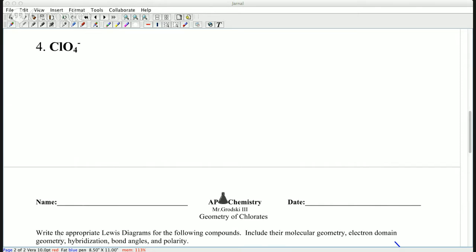So we're going to start with ClO-1, and we're going to write the Lewis dot diagrams, and we're going to put to use all the things you've learned up to this point. Hopefully, it's going to make some sense for you. And this is a polyatomic ion. And one little clue with the polyatomic ions, they cannot be polar.